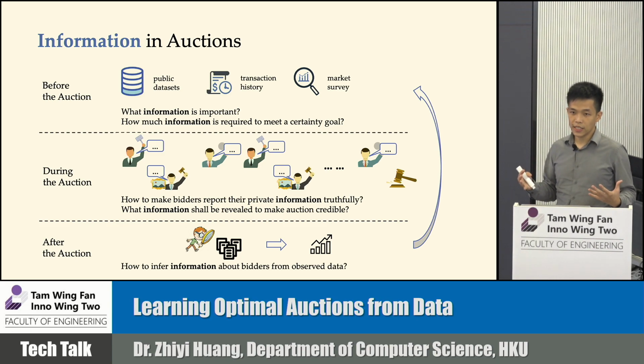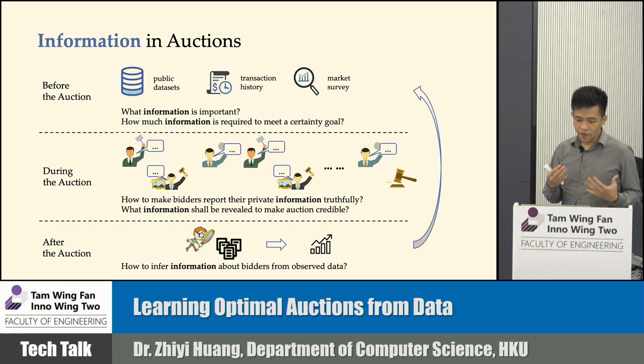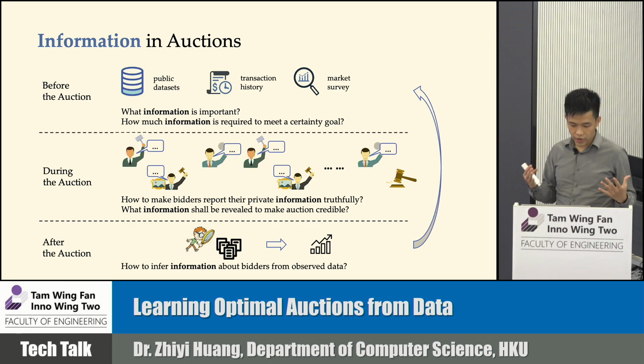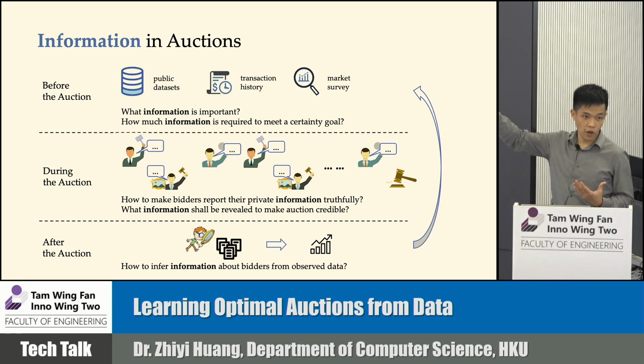So all of these reasons may cause bidders to report manipulated information during the auction, and therefore after the auction, we have to do certain modifications to the data so that we can infer reliable information about the bidders for our future auctions. And everything that we infer here will go back to the first stage of the next auction.